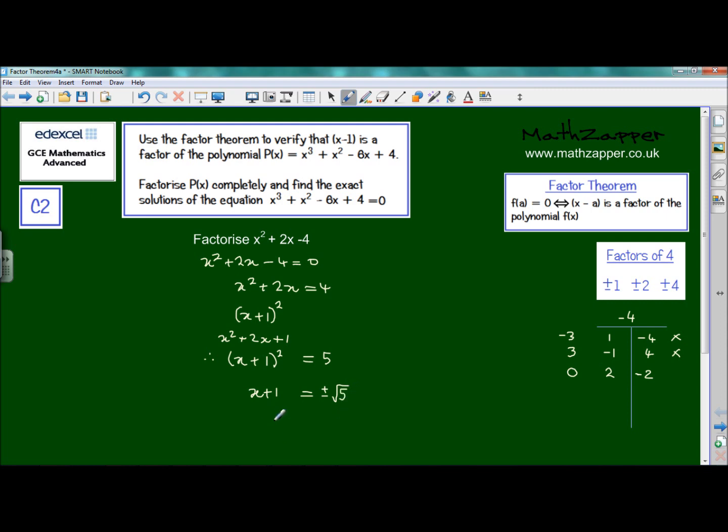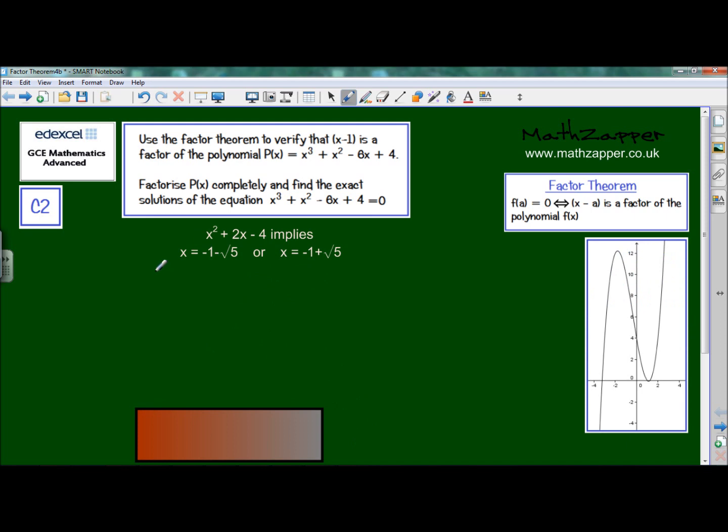And then we simply subtract 1 from both sides, so we found out that the roots are x equals minus 1 plus or minus the square root of 5. So we've just calculated that x squared plus 2x minus 4 implies that x equals minus 1 minus the square root of 5, or x equals minus 1 plus the square root of 5.